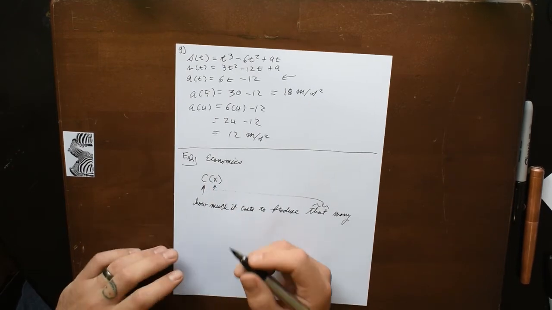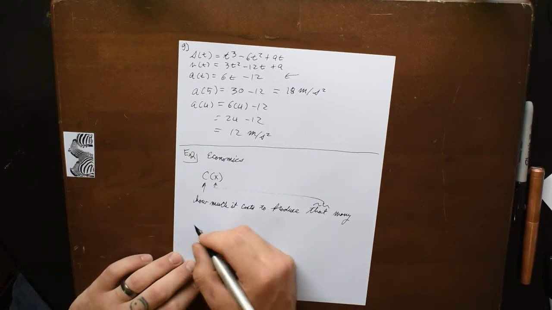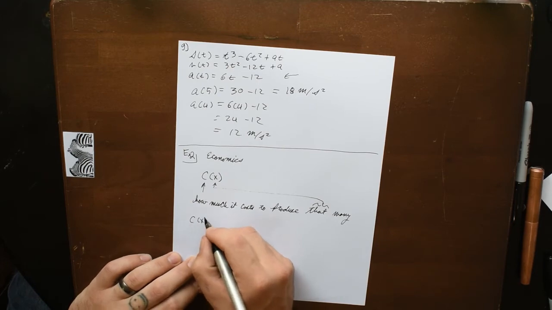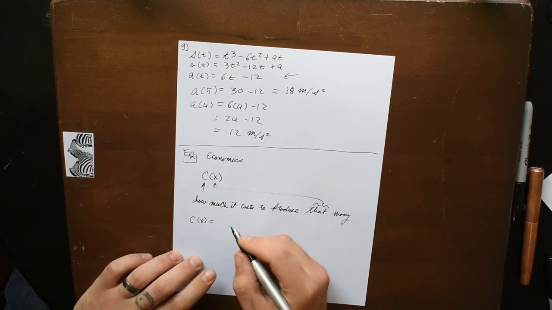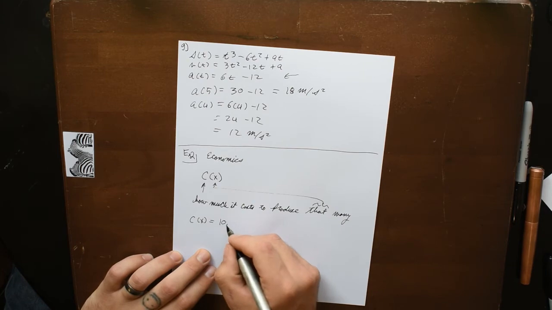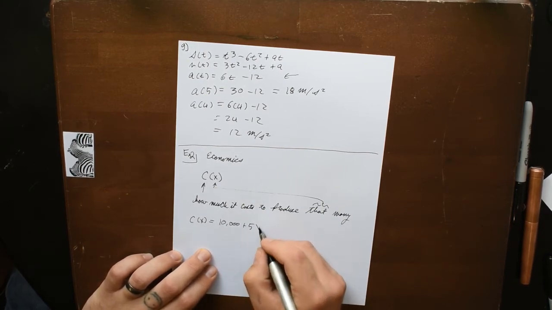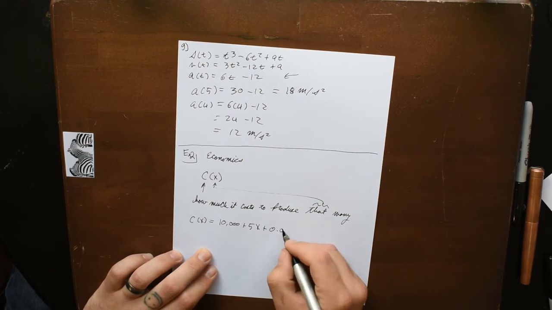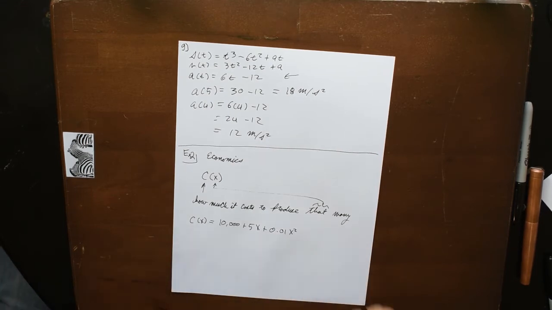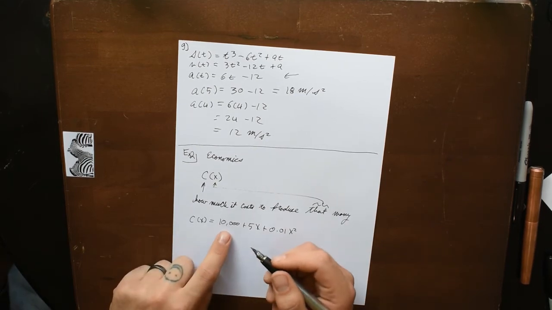Cost functions can come in all sorts of forms. A lot of times they'll come in the form of polynomials, such as 10,000 plus 5x plus 0.01x squared. This first value is a constant term.